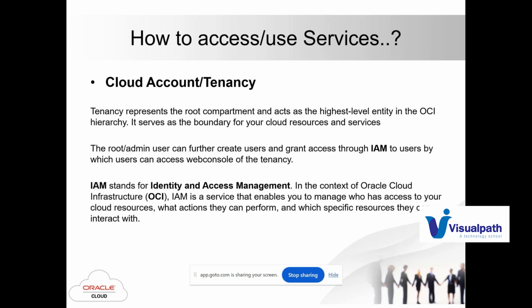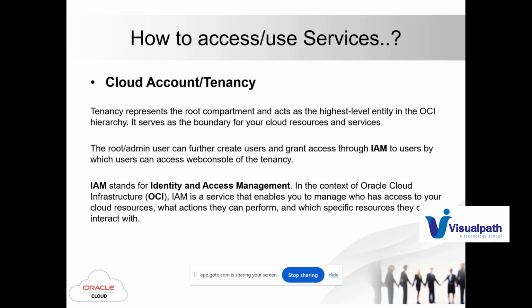Later we have users and groups. Let's say I have 4 applications. For one application there is a group of 10 people who should have access only to application 1, and there are 10 more people who want to access only application 2. In that case, I will first create all 20 users using this IAM, and group 10 people in one group and the other 10 in another group. Then I will write a policy inside Oracle.